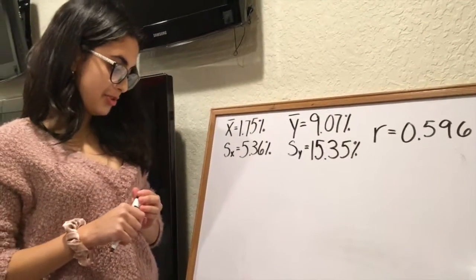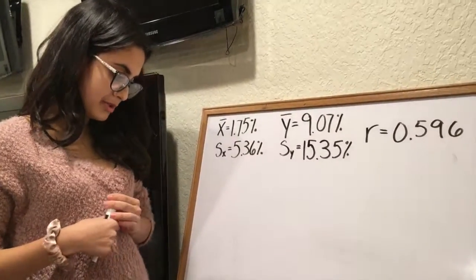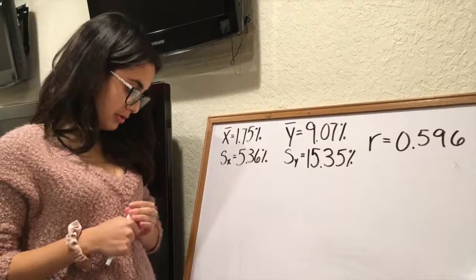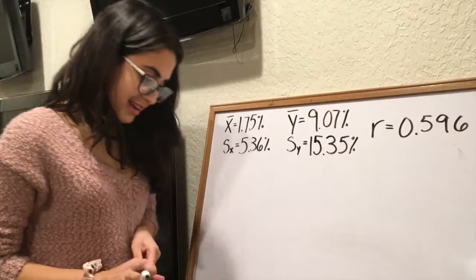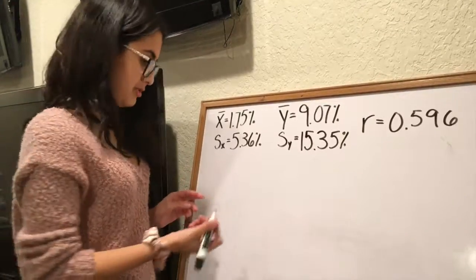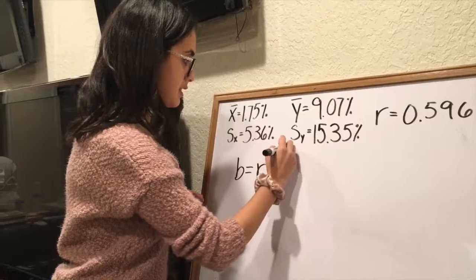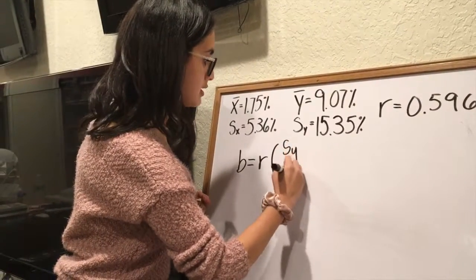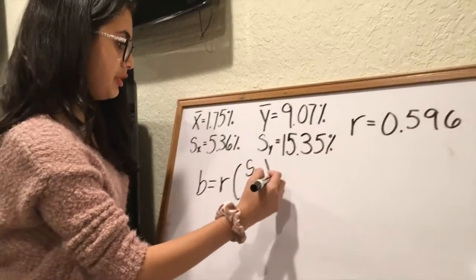So for number 2, part A, it asks to find the equation of the least squares regression line for predicting full year change from January change. Show your work. So for number 2, to find the slope, you would do b is equal to r times s sub y over s sub x. And then you would plug in your values.